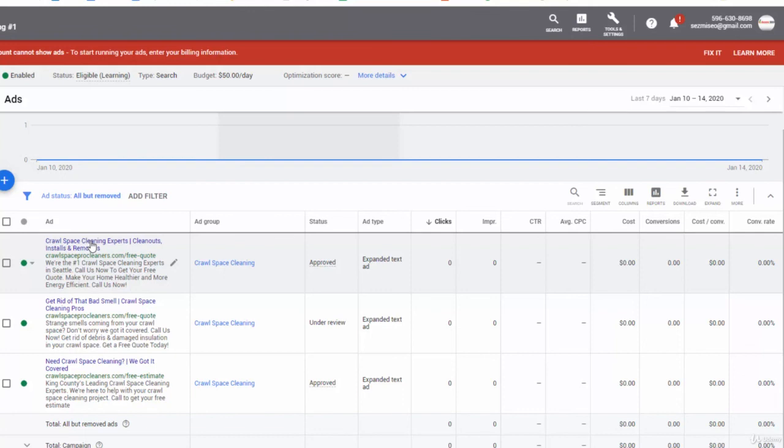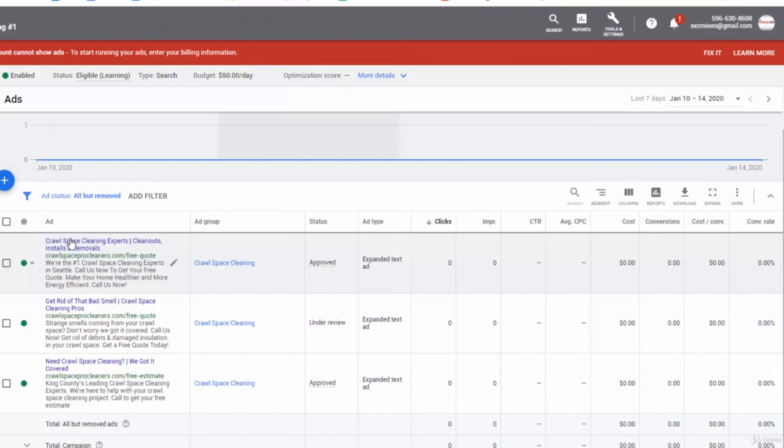Let's say you have headline 1, crawl space cleaning experts. And then you can take crawl space cleaning pros, headline 2, and add it up here. And then have crawl space cleaning experts, and then have the headline 2, crawl space cleaning pros, that you took from down here. And then you can test those individual variables and leave everything else the same.